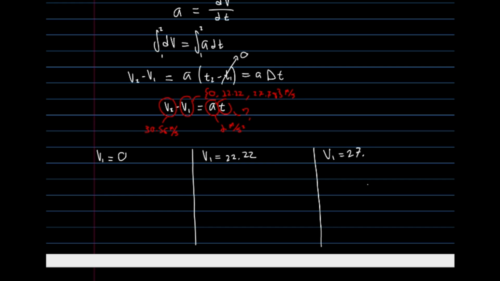So rearrange the equation to get t equals v2 minus v1 divided by a. And what we get here for this one, t equals 30.56 over 2 equals 15.28 seconds.